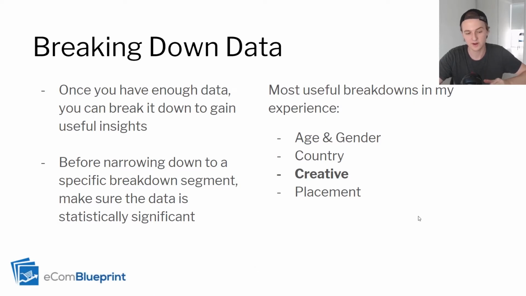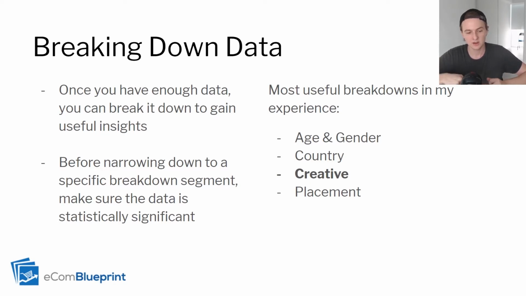Before you narrow down to a specific breakdown segment, you want to make sure that it's statistically significant. This goes back to what I was saying before. You don't want to narrow down your targeting, or whatever it may be, unless you have statistically significant data telling you that is the better segment to focus on, right?